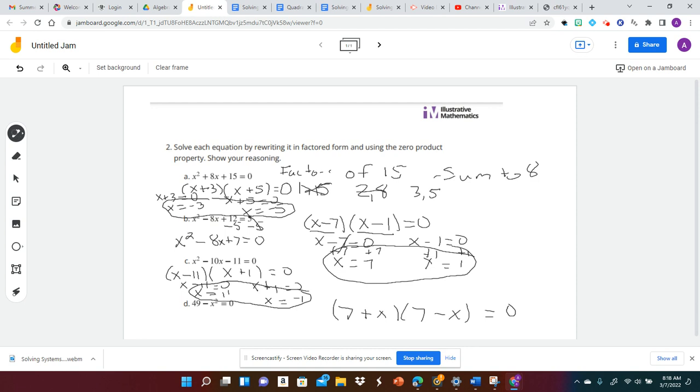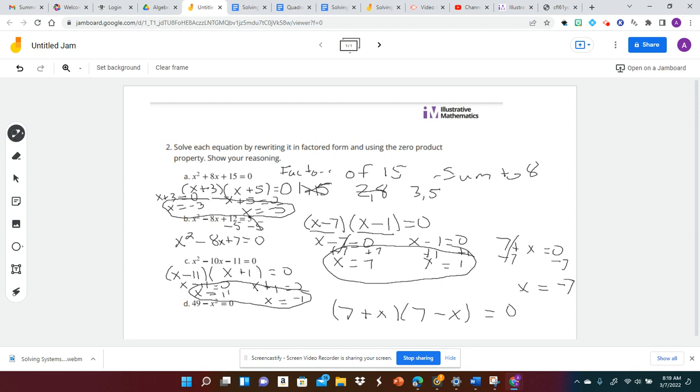So if I'm solving this now, I'm going to write over here 7 plus x equals 0. So I'm going to subtract 7 from both sides to get x by itself. And we have x equals negative 7.